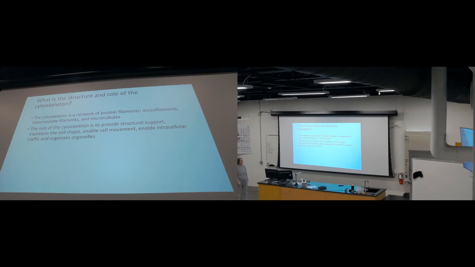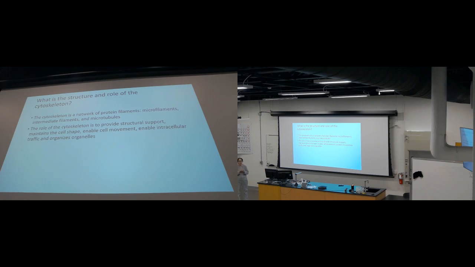So we have microfilaments, which are thin proteins. We have intermediate filaments that are not as thin as the microfilaments. And then we have microtubules, which are hollow proteins made of tubulin.